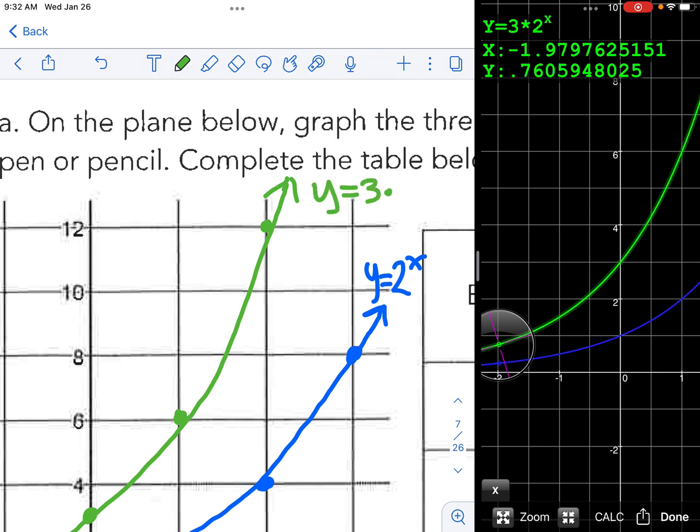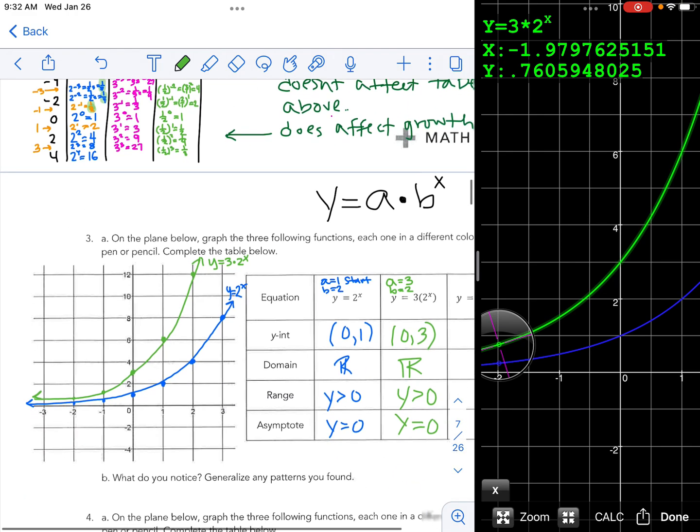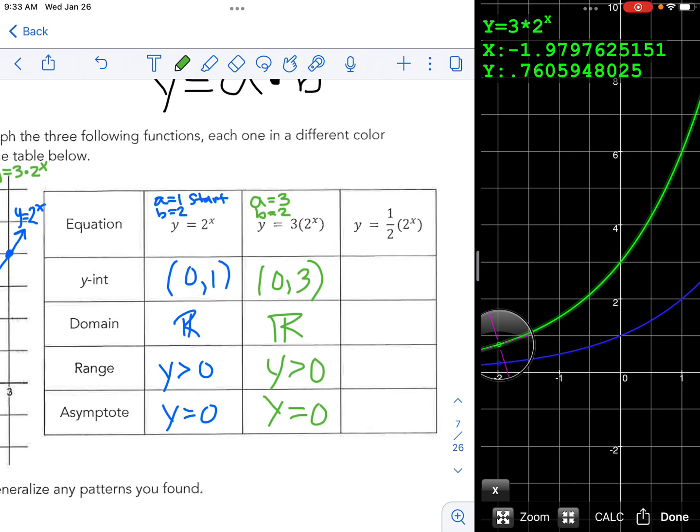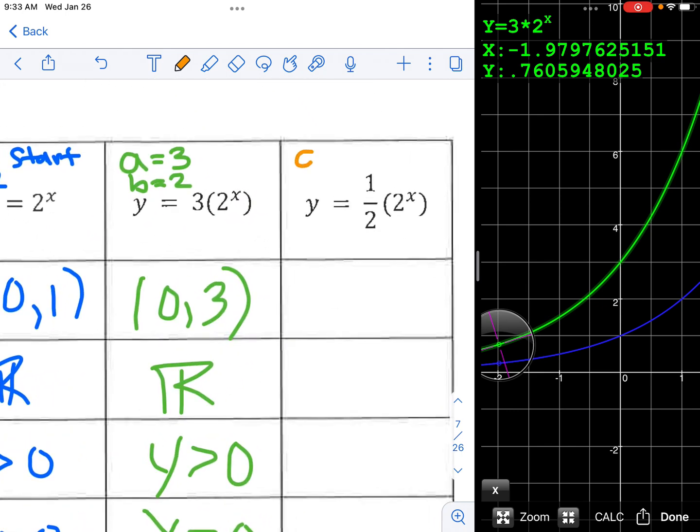So it's like we're starting with 3 zombies, and they're biting somebody every week. And then the last one, I can't really use the zombie reference because you don't really want to start with half a zombie. I'm not sure what you get. But now our A is a half, and our base is still 2.